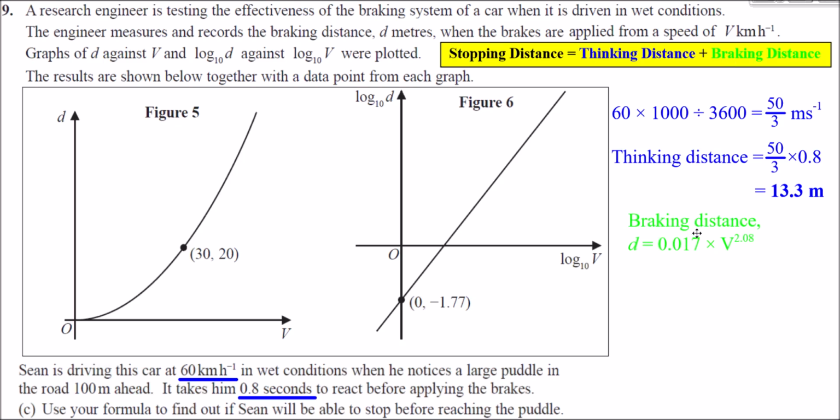Now to work out his braking distance, we can use a model we've derived from part B. The braking distance d is 0.017 multiplied by the velocity to the power 2.08.